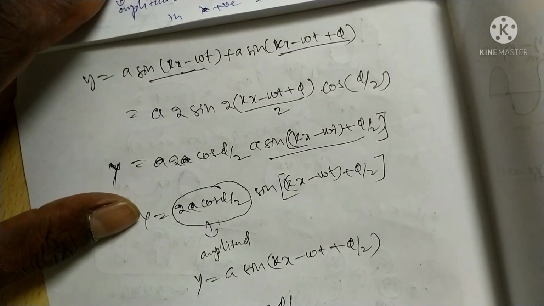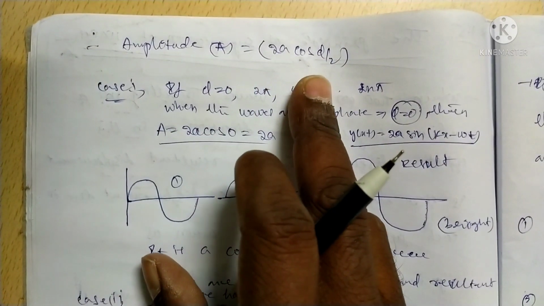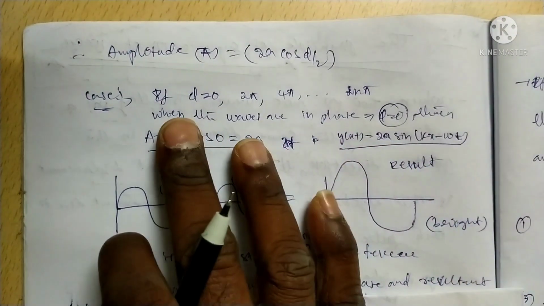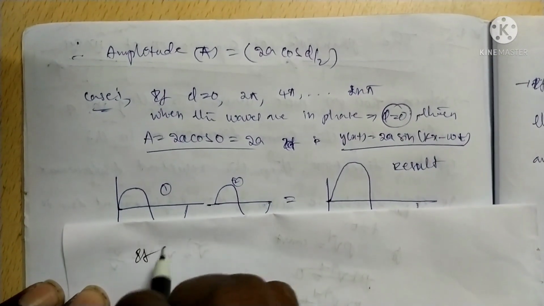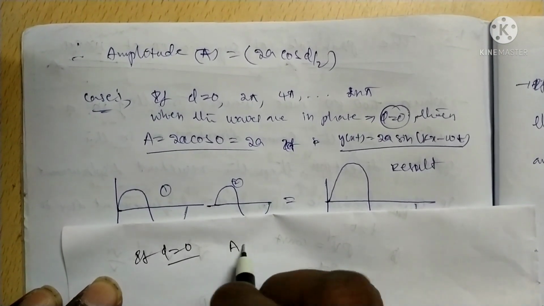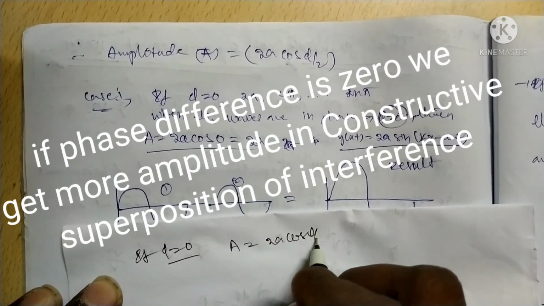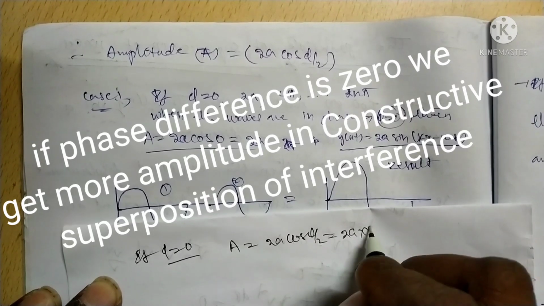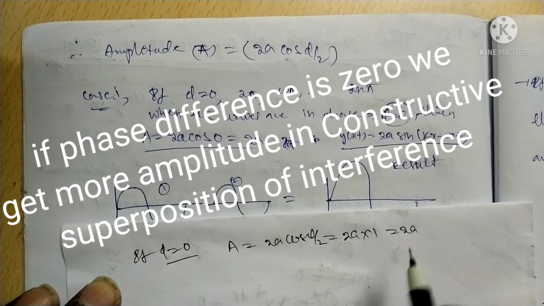If the amplitude A equals 2a cos(phi/2), we can apply: if phi equals 0, then A equals 2a times cos 0, which is 1, so 2a. That is the maximum amplitude.